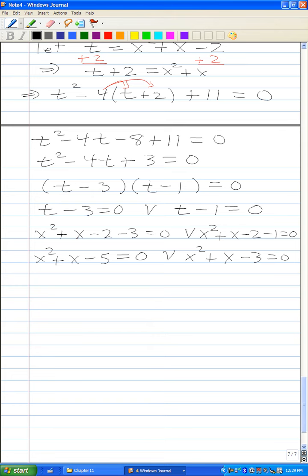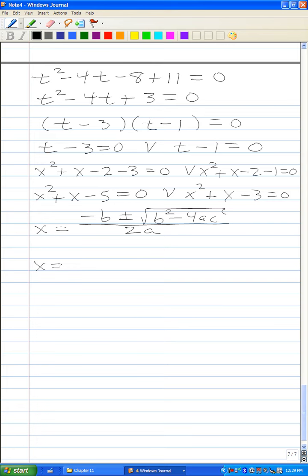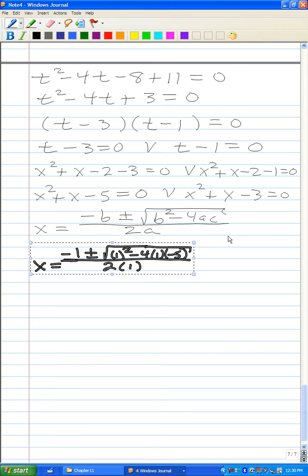Let's solve this using the quadratic formula. And so I have x is equal to negative b plus or minus the square root of b squared minus 4ac all over 2a. Let me move this so I have more room.